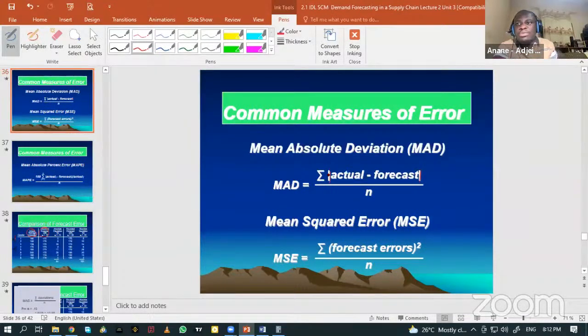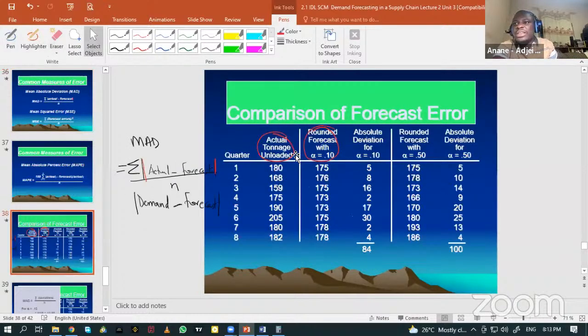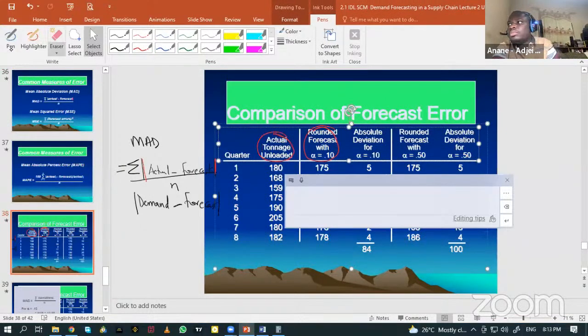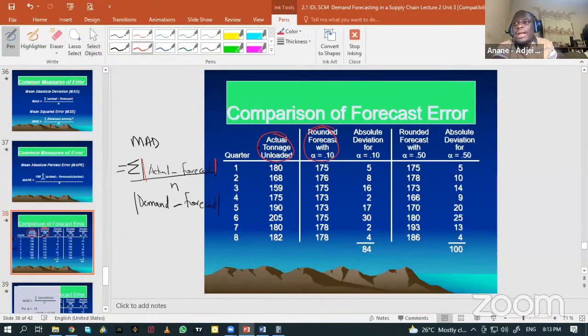So we are supposed to subtract the forecasted figure from the actual figures, or the actual demand. From our table here, these are our actual demand figures, so every figure down here is within our actual demand. And this is our forecasted demand.